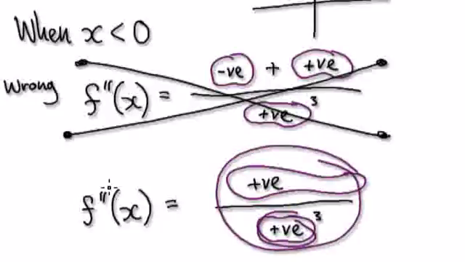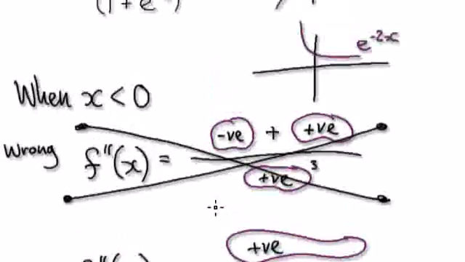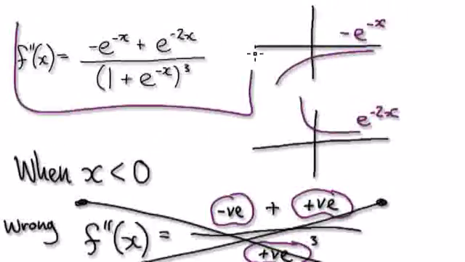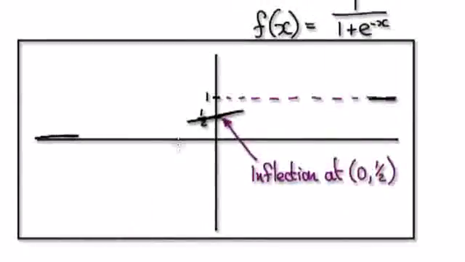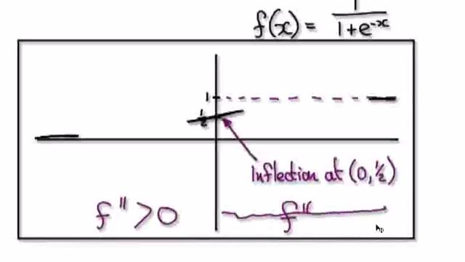So overall, collectively, this thing here will be a positive in this region. F double prime will be positive.